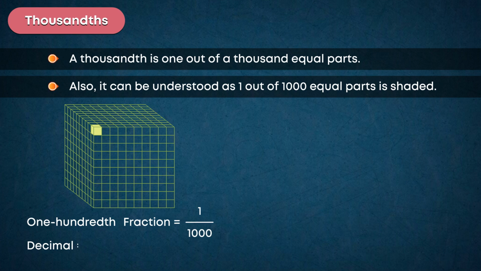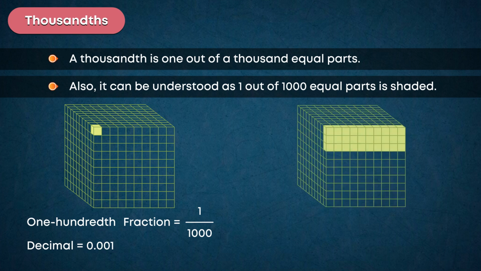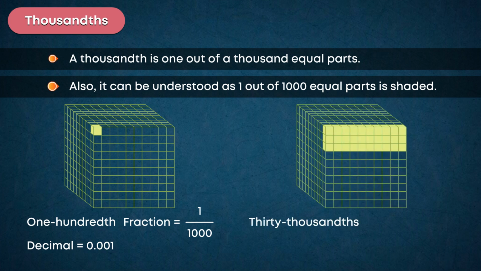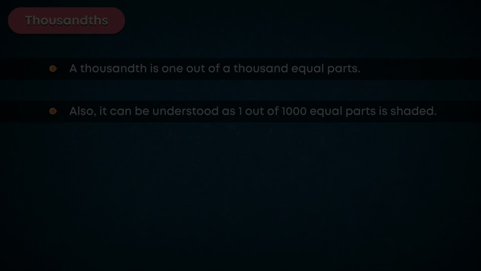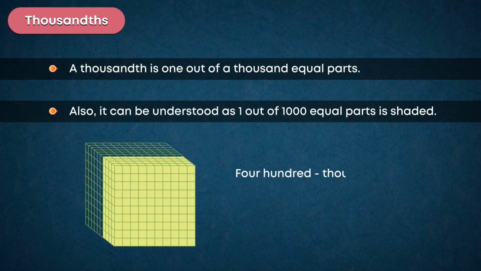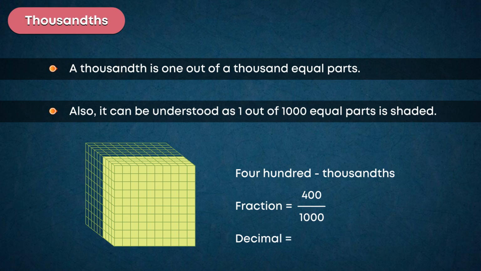Decimal is equal to 0.001. 30/1000ths fraction is equal to 30 by 1000. Decimal is equal to 0.030. 400/1000ths fraction is equal to 400 by 1000. Decimal is equal to 0.400.